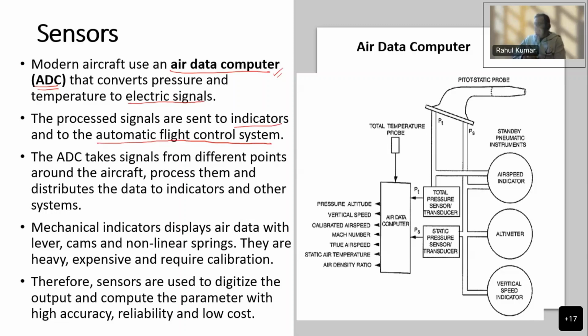Now the ADC takes these data from different points on the aircraft, processes them and distributes them to the indicators. Now, the mechanical indicators that we have previously studied use levers and cams and some non-linear springs, right?